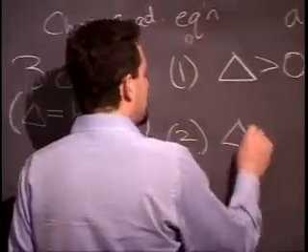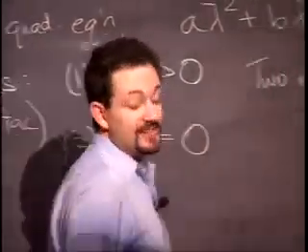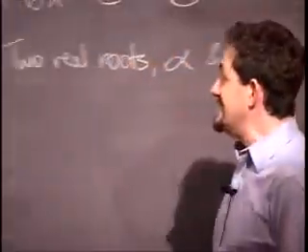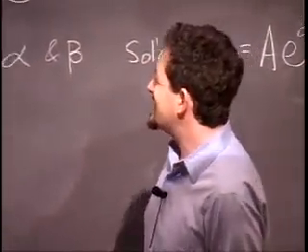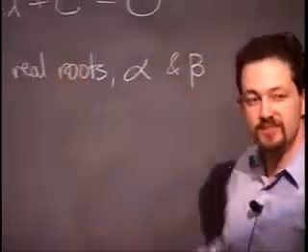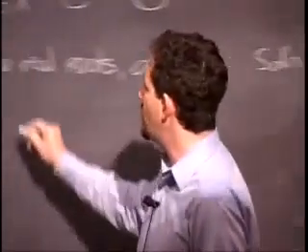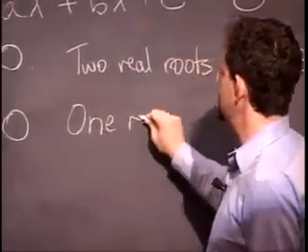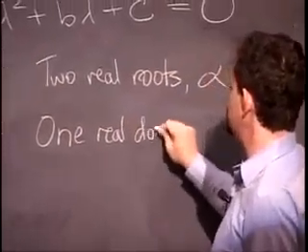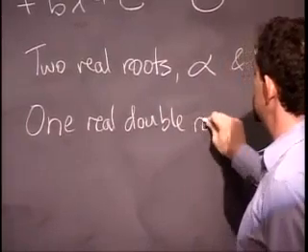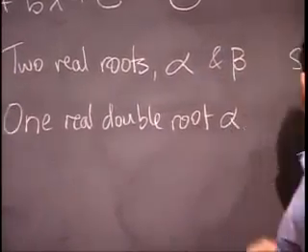If precisely the discriminant is 0, that means this has a double root, 1 real double root alpha.